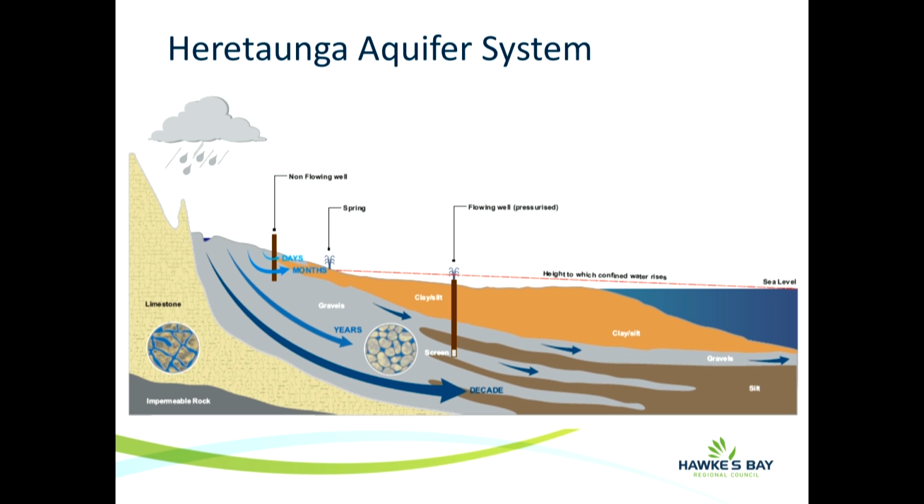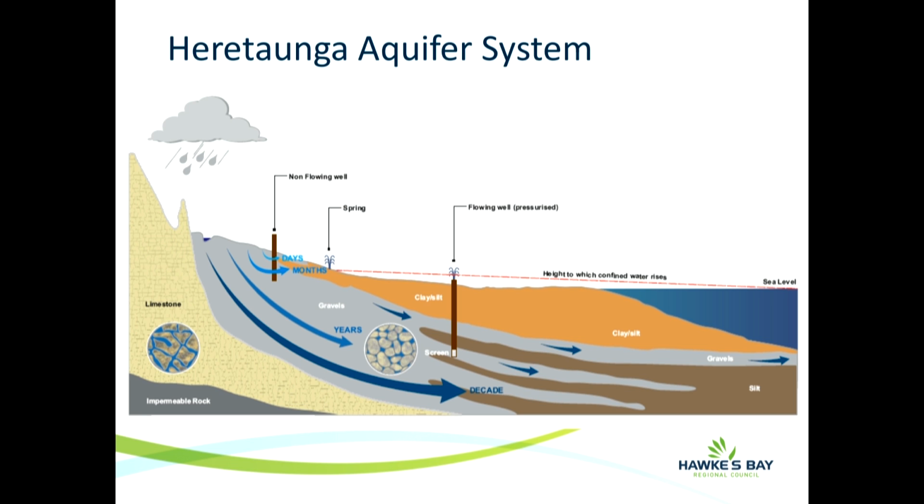So we have water disappearing from the river into groundwater, and those silts and clays that were laid down during the marine transgressions that John described before create the confined area.